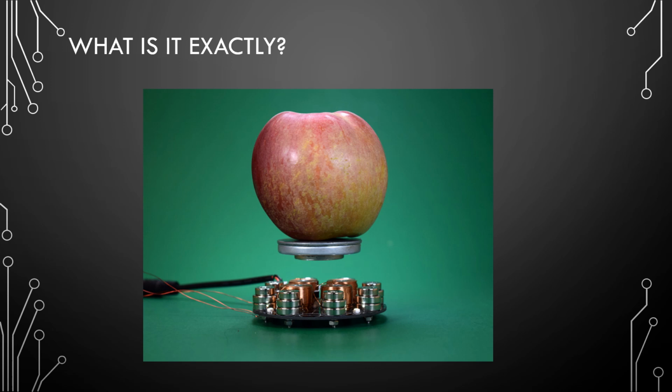Maglev essentially just removes all the need for it, as shown in the picture where the apple is floating in the air without any sort of physical object touching it, other than, of course, the metallic portion beneath it, which the magnets interact with to give it the levitational property.